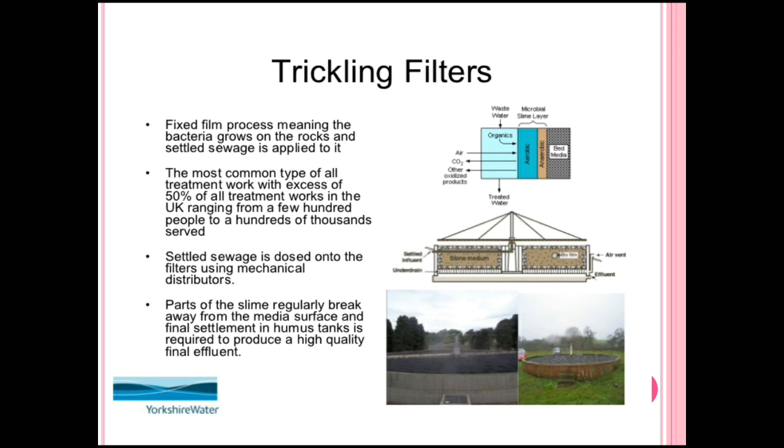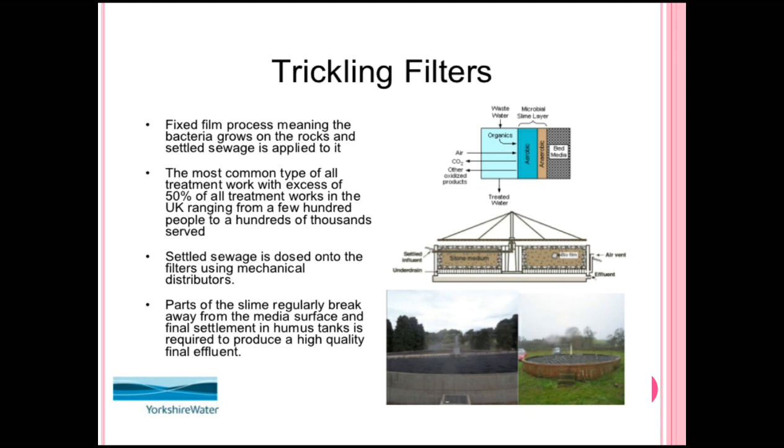The fixed film process means the bacteria grow on the rocks and the settled sewage is applied to it. It is the most common type of treatment work, with in excess of 50% of all treatment works in the UK, ranging from a few hundred people to thousands served.